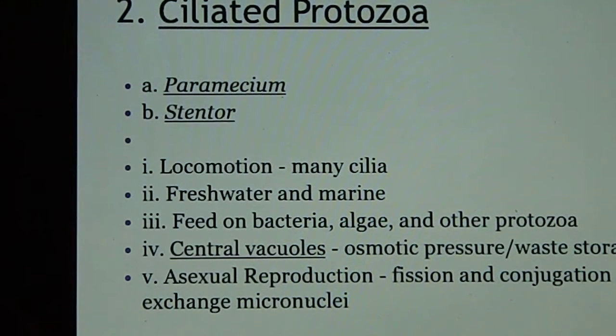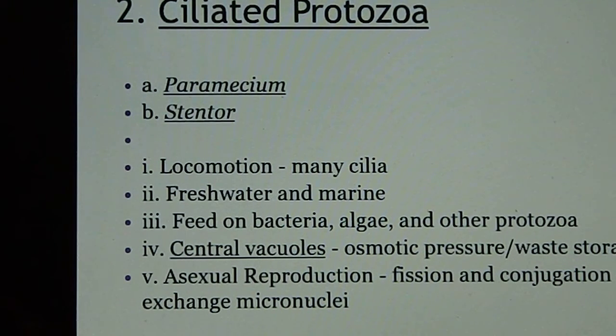Paramecium is the one that is most common in most stream water or pond water. If you get some pond water and put it on a slide, look at it under a microscope, you'll see these guys just darting around a lot. They feed on all sorts of different algae and fungal spores and other protozoa.